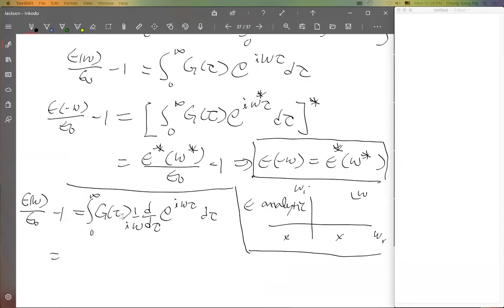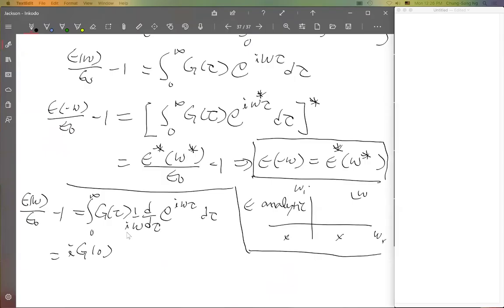Okay, so just G at 0, because assuming G is 0 at infinity, we don't have the infinity contribution, and we just evaluate this at 0. So this will be G at 0. And this is the lower limit, so a minus sign, but you can flip the i over here.